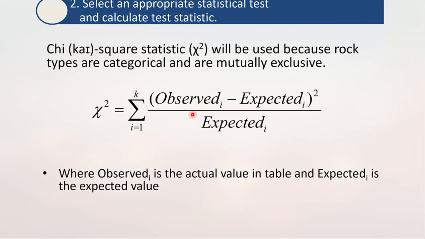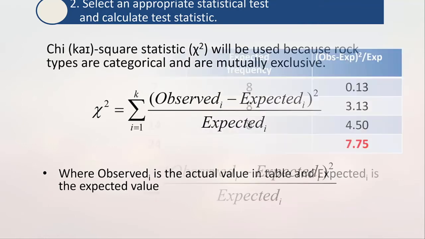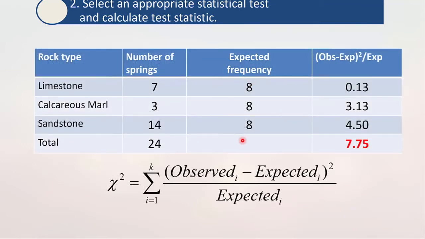The observed is the actual value in the table previously, and the expected, since the null hypothesis is that there's no difference, is that the frequency for each rock type is the same. The total was 24, so 24 divided by 3 is 8.